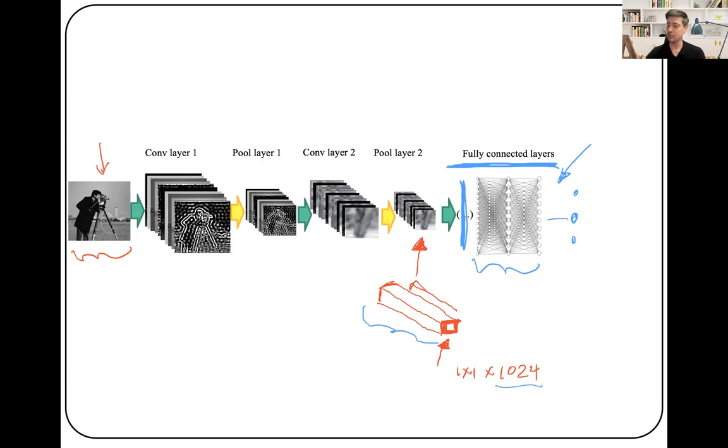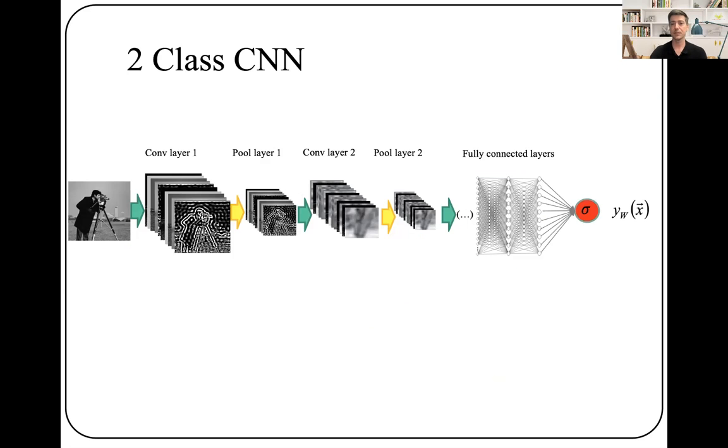Well, typically not so many, because we assume that this will generate a good representation vector. So typically we can have 1, maybe 2, maybe 3, but rarely more than that. Let's say 1 to 3 layers at the end, and then we have our output.